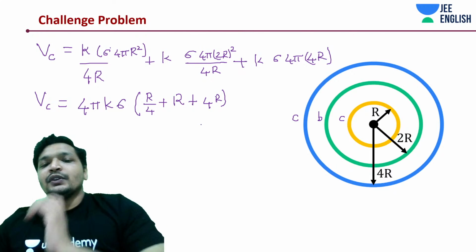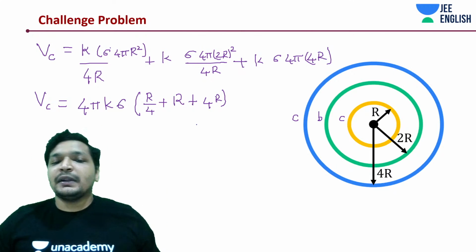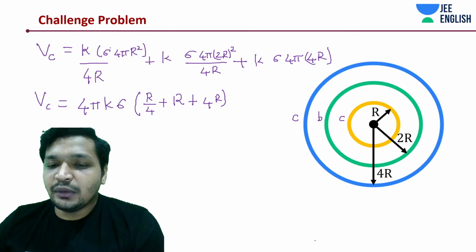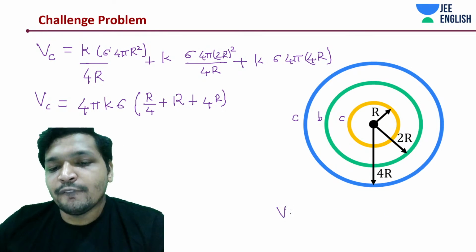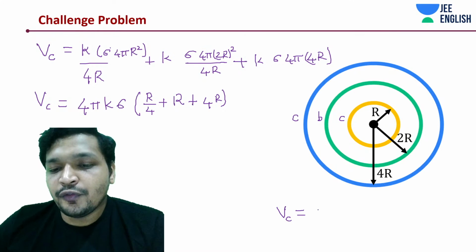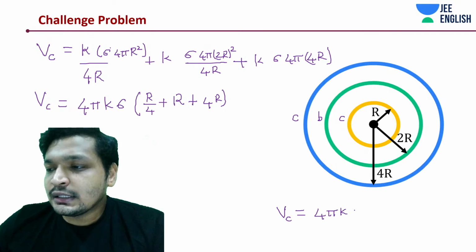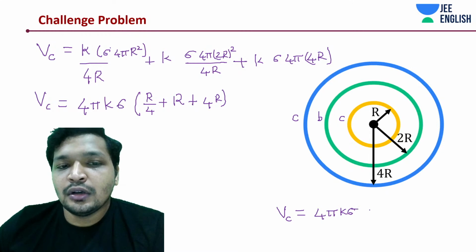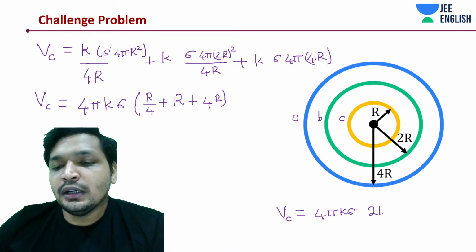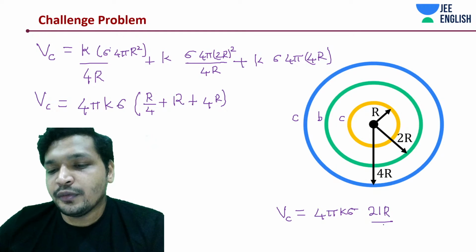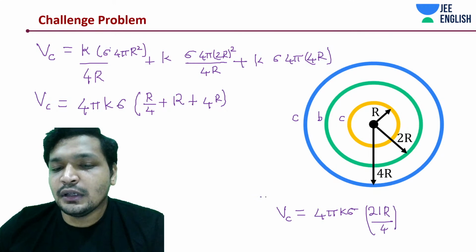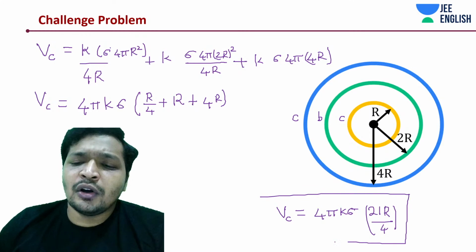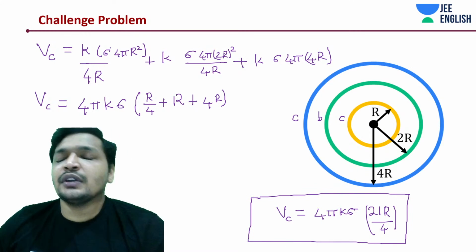Then add it up, you will get something like 5R plus R by 4, which is nothing but 21 by 4, right? VC is equal to 4 pi K sigma 21R by 4. Alright, guys, that is it. Now you have derived all the three values. You can take the ratio and move about it.